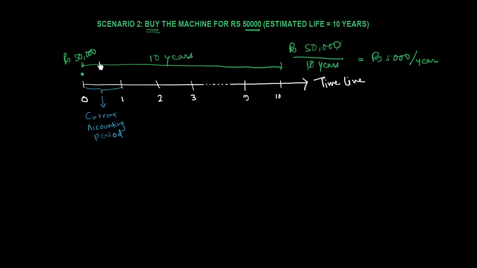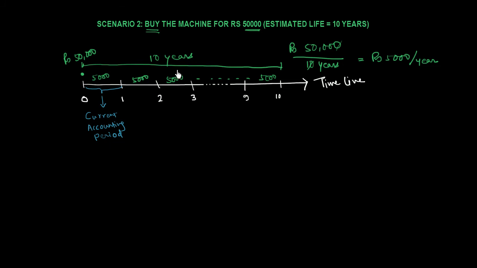So if we divide this cost over the useful life of the asset, we gain an idea that the per year cost of the machine would be 5,000 for the period that you use it. I hope you get my point.